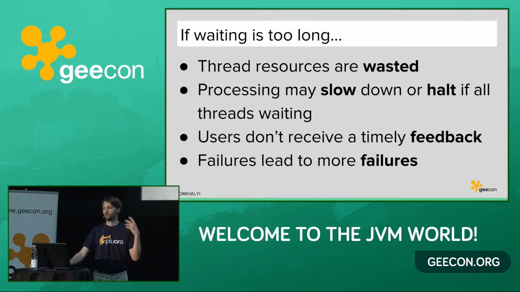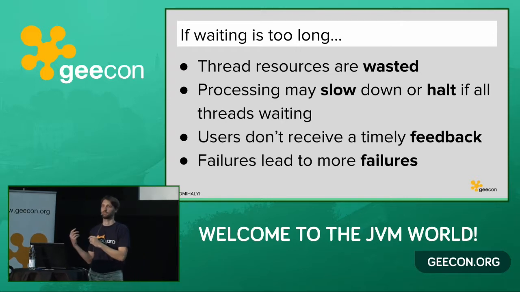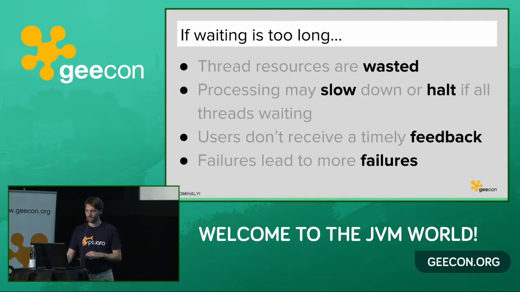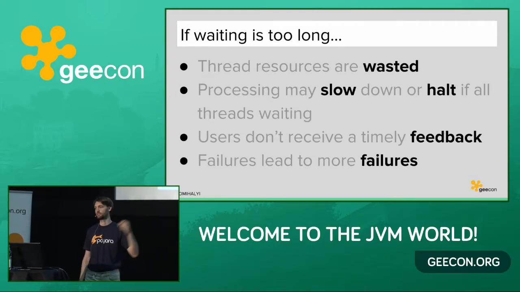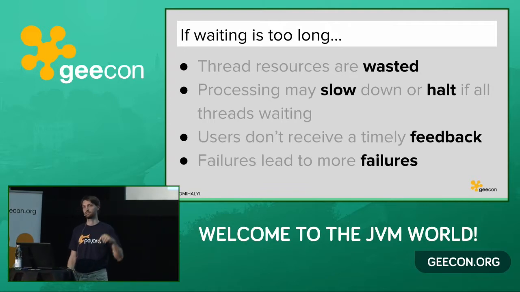So these are all things that may happen if waiting for resources is too long, and you have a classical pipeline: request, response, and send everything when the complete response is ready. Just to stress the keyword here, it's waste. Many resources are wasted just by blocking.